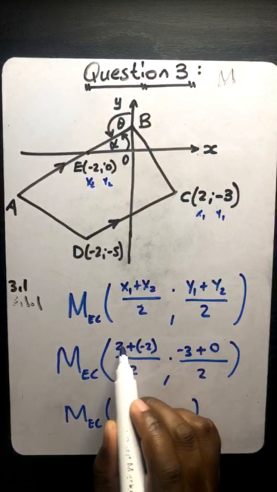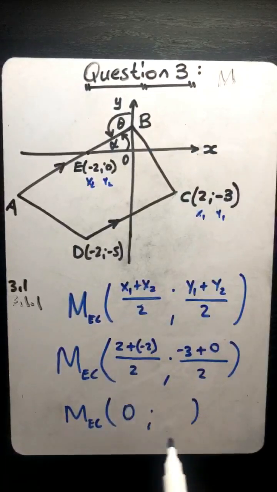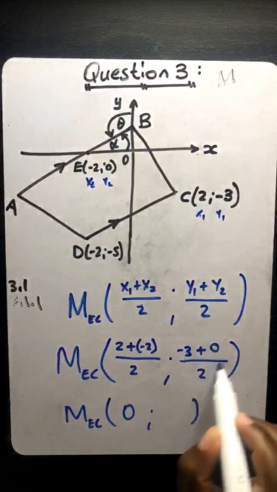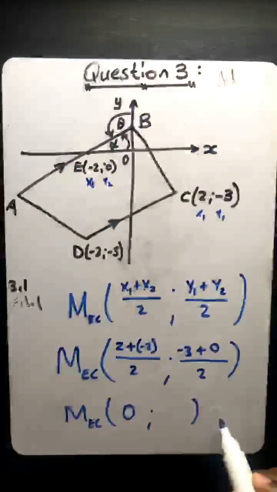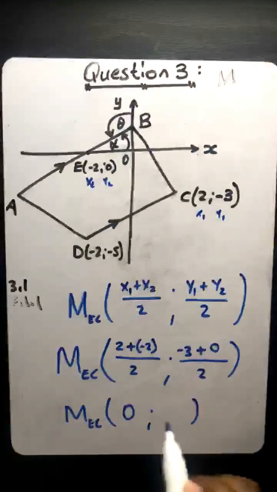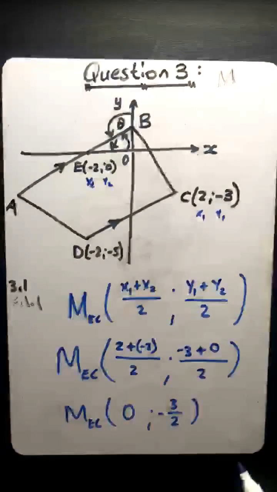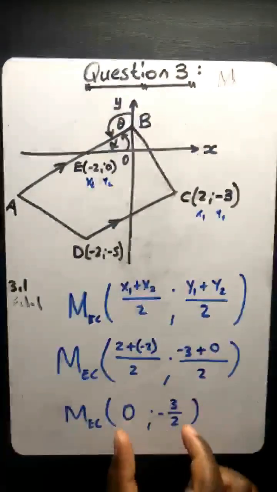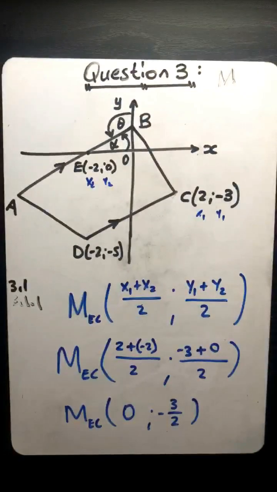I think the first one is 0 divided by 2, which gives you 0. And then this one, negative 3 over 2, which is negative 1.5. I'm not sure, is this what you guys are getting when you punch those on your calculators?